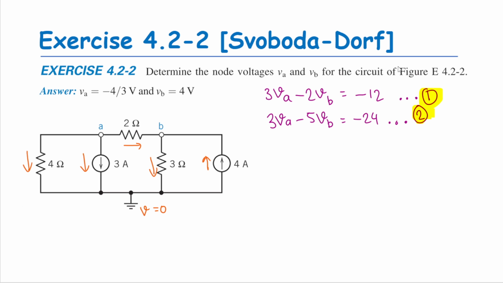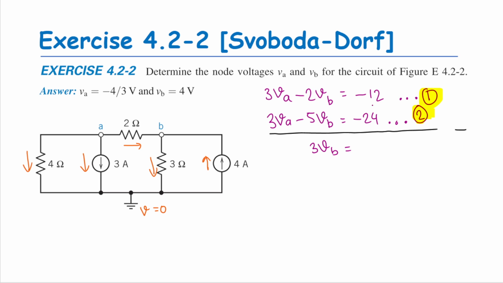Okay, so far we have these 2 equations from doing KCL at node A and KCL at node B. So I want to do elimination by eliminating this 3 VA because luckily we have the same coefficient. So we can subtract this, right? Let's subtract this, and so we will have minus 2 plus 5, that should be 3 VB.